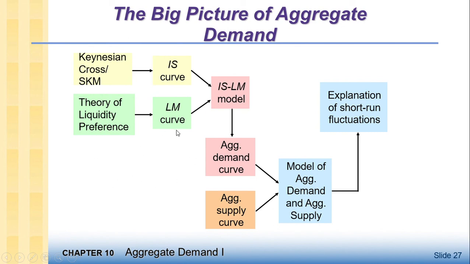However, Keynes brings in these two things where investment, or inventories, determines whether the IS curve or the Keynesian cross equilibrium is served, and interest rate and income determine how much money supply is needed for the LM curve to be in equilibrium. The IS and LM model together determines the aggregate demand curve, and thereby the aggregate demand curve now has something to offer to the short-run fluctuations.